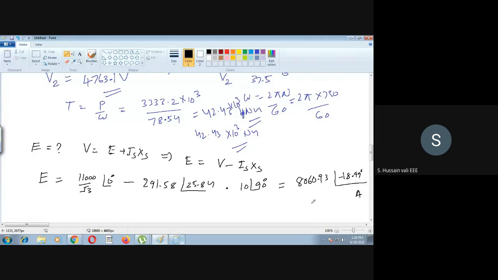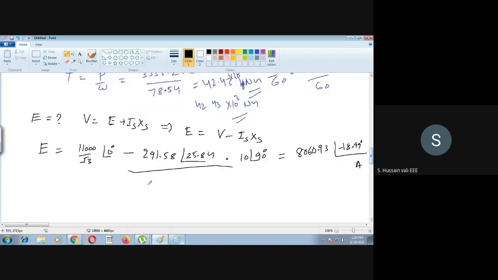So this is the answer you will get here. You cross check, maybe the calculation may be wrong, but you just follow this relationship, then you will get the answer. Then once we got this value, there is a difference here. The question is asking the field current at 750 rpm and 0.8 leading power factor.